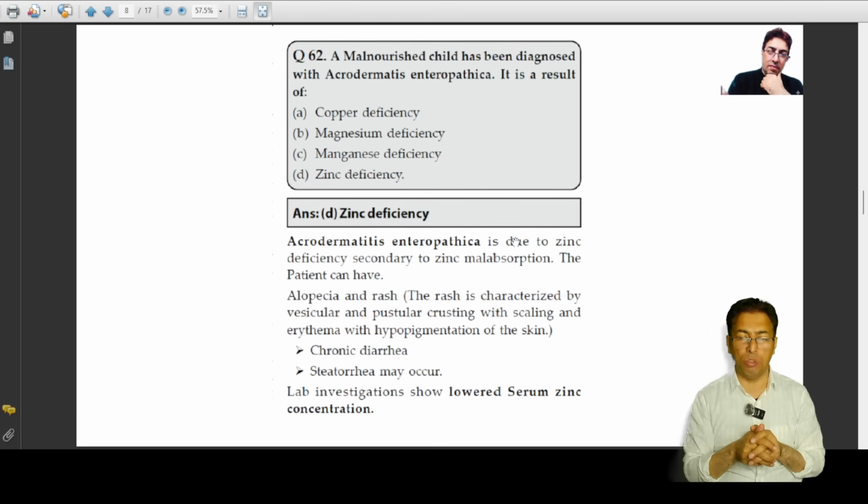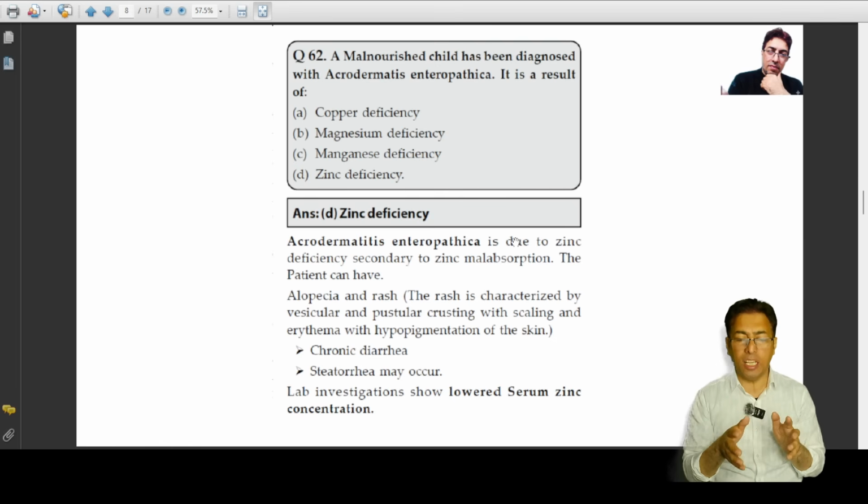These children usually present with alopecia, a vesicular, pustular rash with crusting, scaling and erythema, just like scabies, with hypopigmentation of the skin. These children usually have chronic diarrhea. Over a long period of time, chronic zinc deficiency can cause chronic diarrhea and steatorrhea as well.